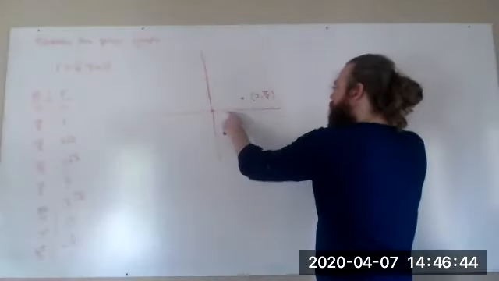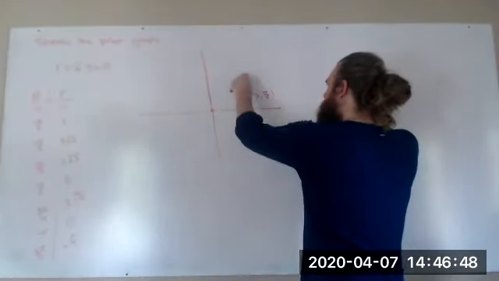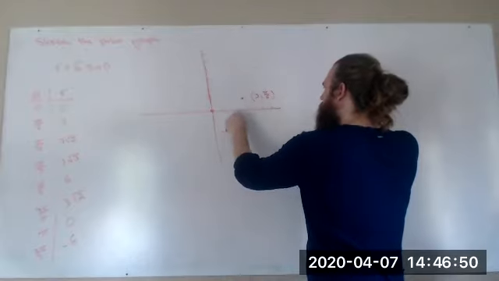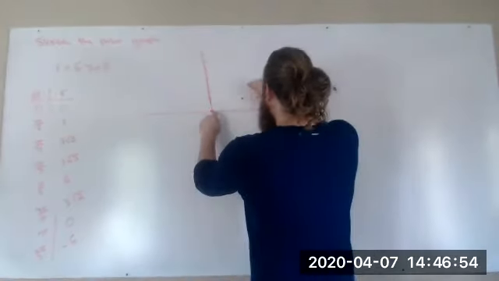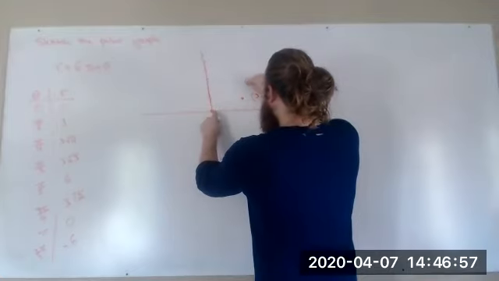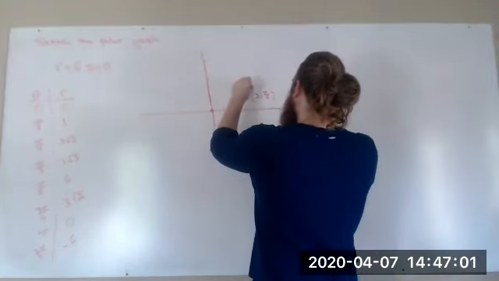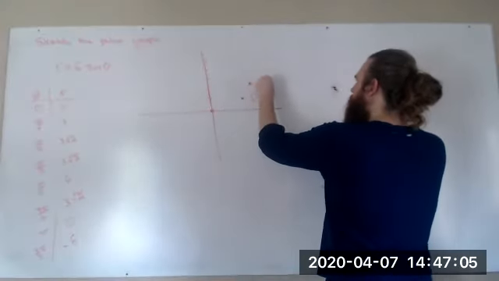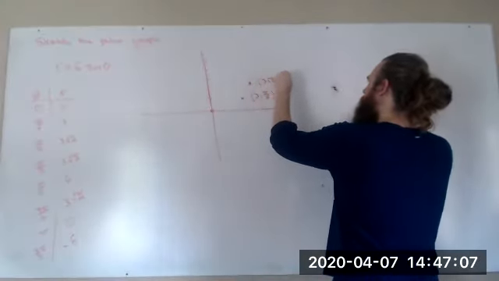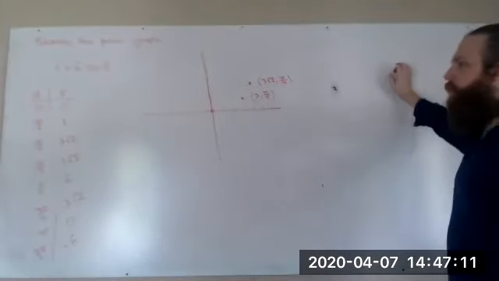So I'd walk out here 1, 2, 3, 4 and a quarter, and then keeping that radius fixed, rotate out to pi over 4. So something like this. So this is 3 root 2 comma pi over 4.